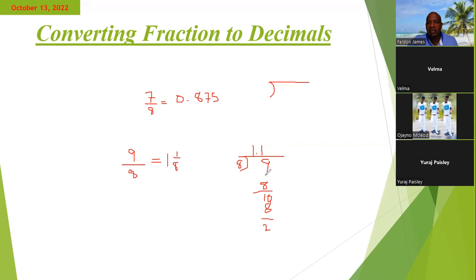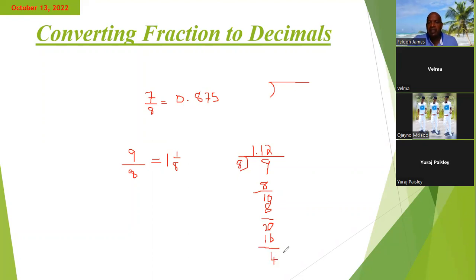So now this is times 10 again, which is simply adding a 0. And then we say 8 into 20 goes how many times? 2 times. 2 times 8 gives you 16, and the remainder would be what? 4.